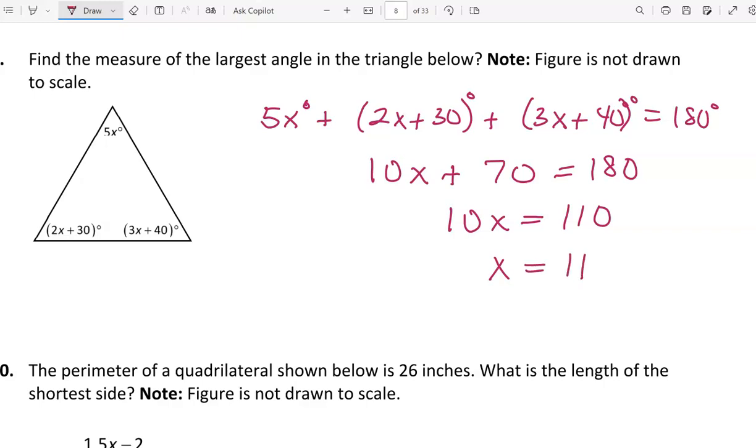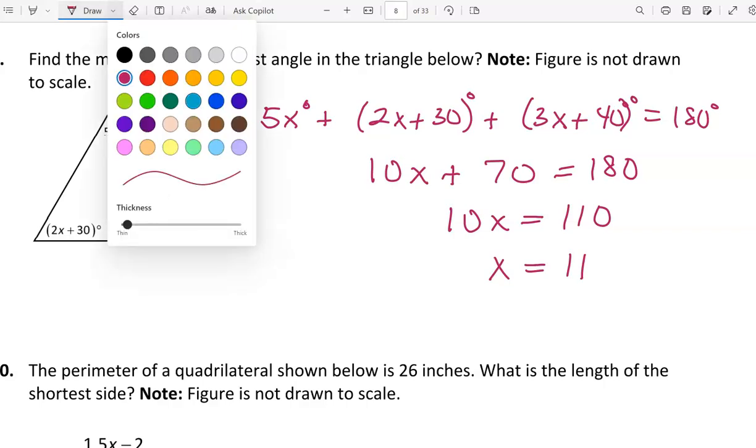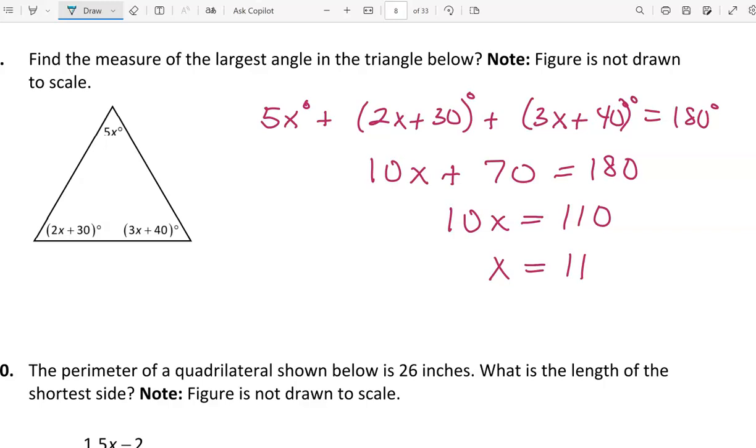Now that is not the answer to the question, because x is not one of the angles. If x is 11, then 5 times x is 55 degrees. If x is 11, 2 times x is 22 degrees, plus 30 is 52 degrees.